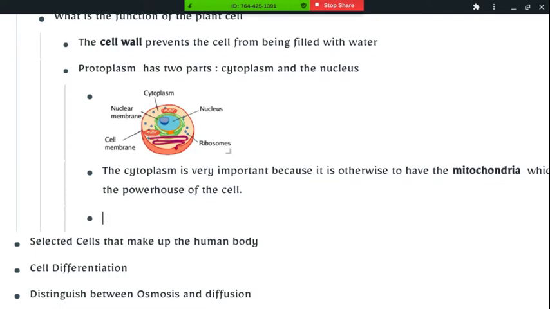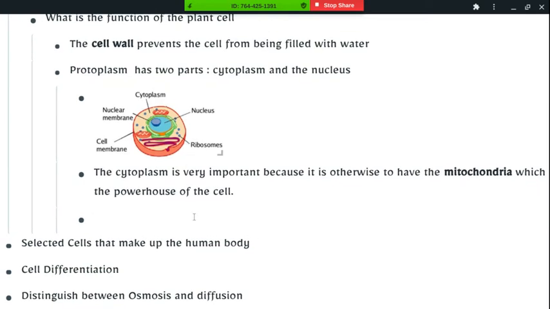It's like the battery of the car, or the engine of the car, whatever you want to call it. So the cytoplasm contains the mitochondria, which is basically the battery of the cell. That's very important for the cell itself, because that's what powers it and enables it to do its functions.